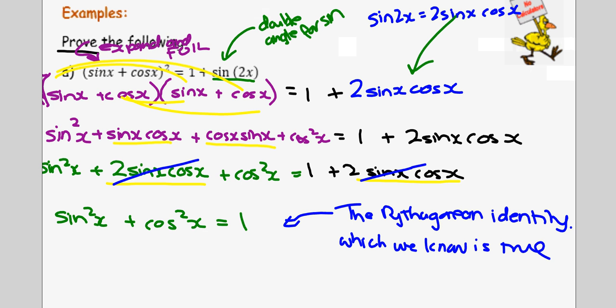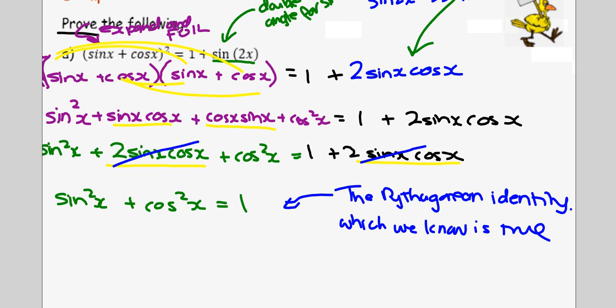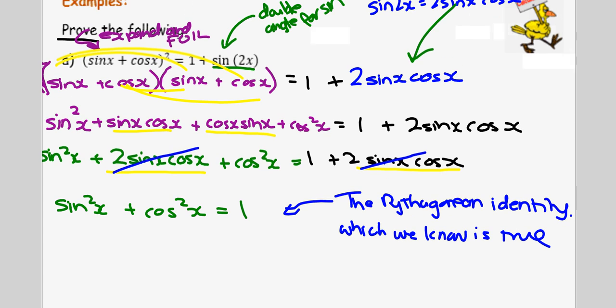The next one's fun too. I love these blind experimenting kind of things. Whenever you see tan in there, what's the only identity that's got tan in that course?